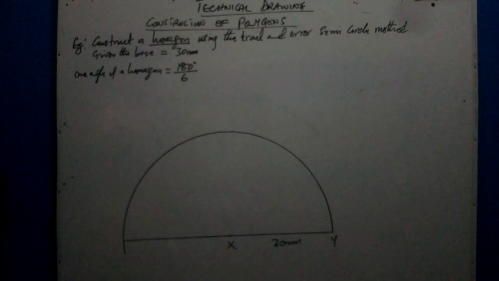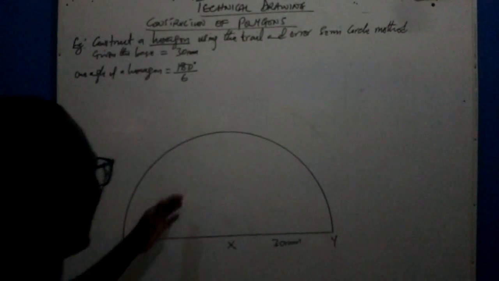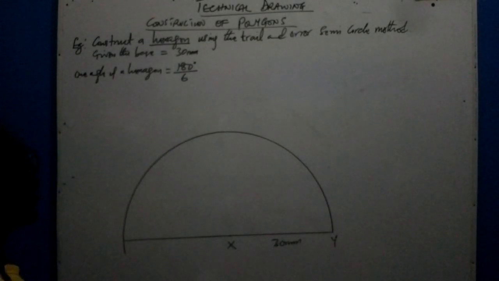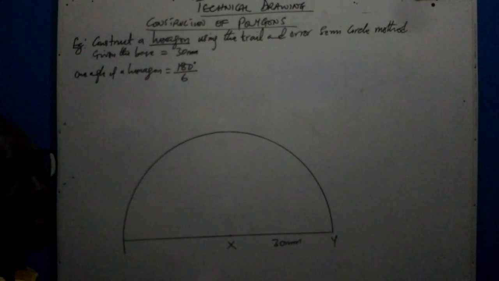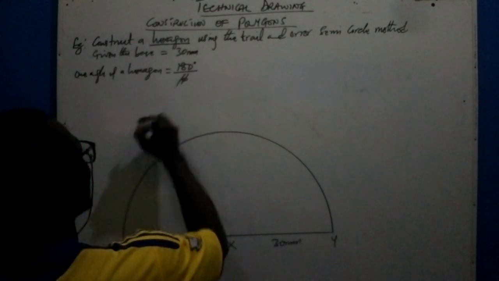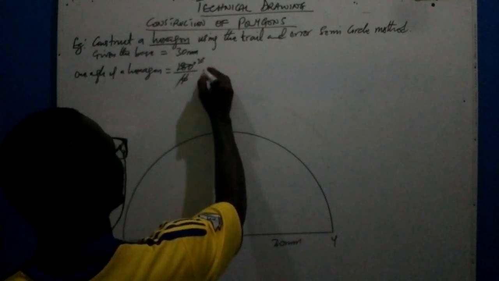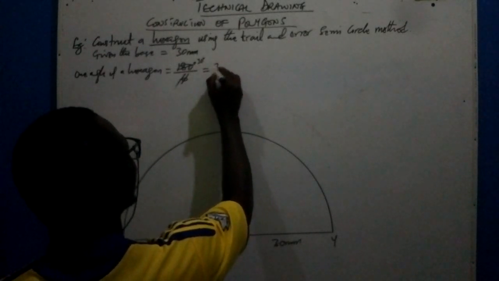You can choose to use the calculator. If you are sharp in mathematics, you can choose to use the division form. Now, to get one side of the polygon, which is 180 degrees, divided by 6. 6 goes into 180, 30 degrees.